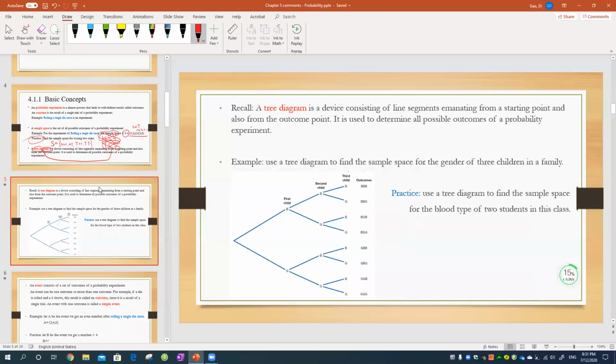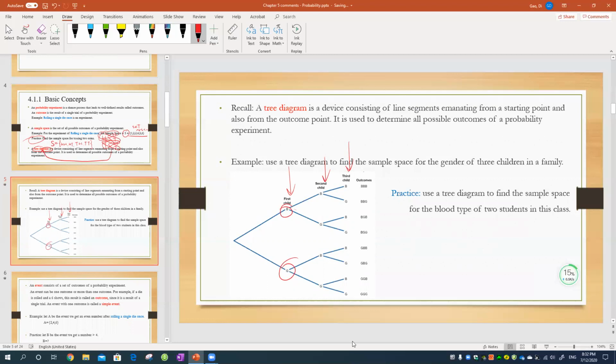We look at 3 rounds. For the first round, we have either boy or girl, and then for the second round, from each case we have a boy and a girl.